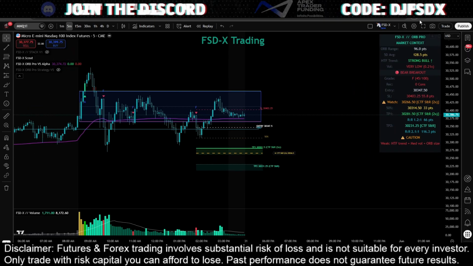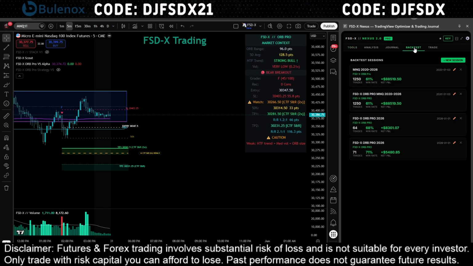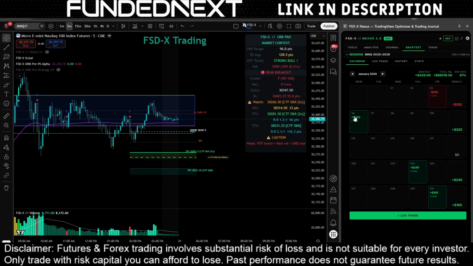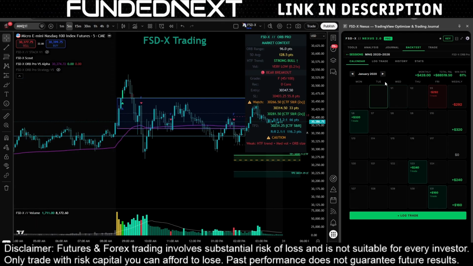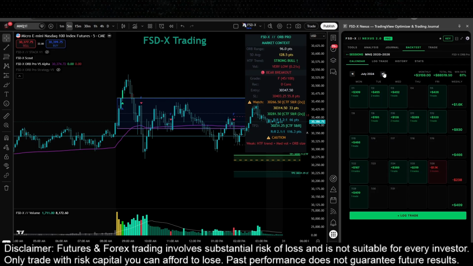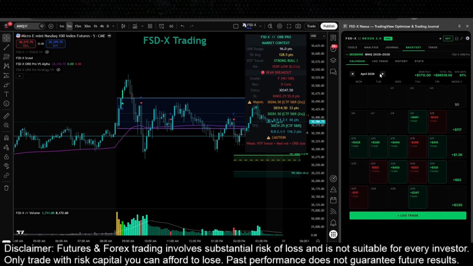The backtest I just loaded is tied to this. You can see I just loaded this one in. If I need to go back and look at a certain day, let me skip all the way down to the end. There you go.